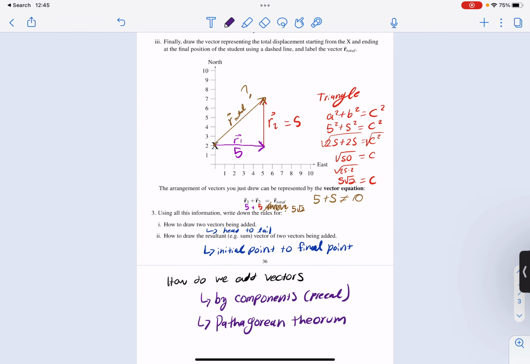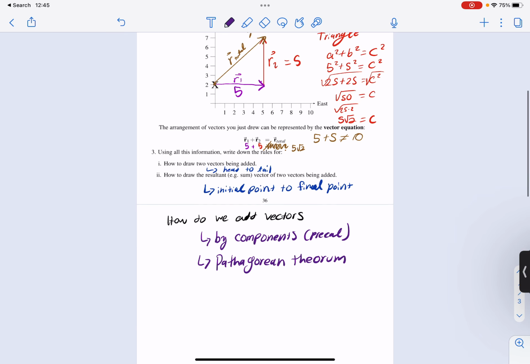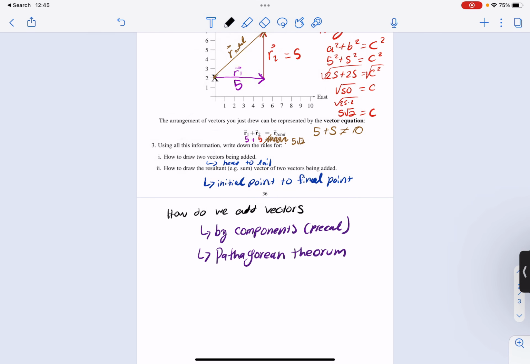Okay? So, the biggest rule of this class, 5 plus 5 is not 10.